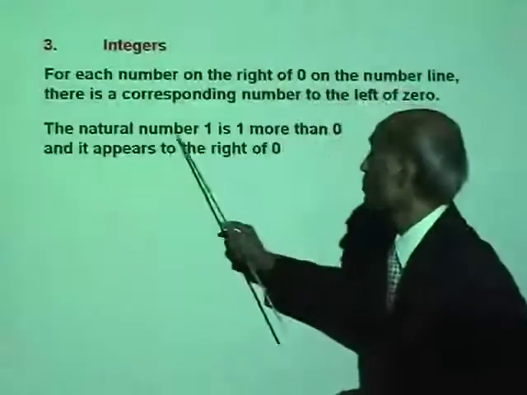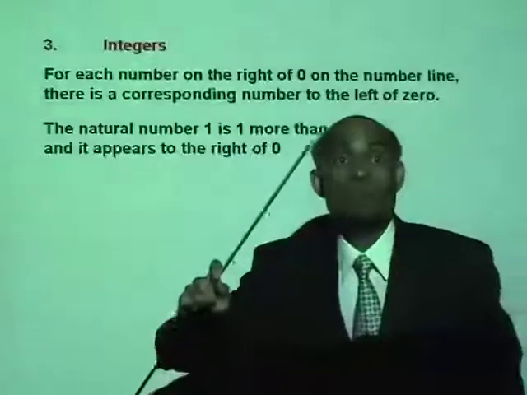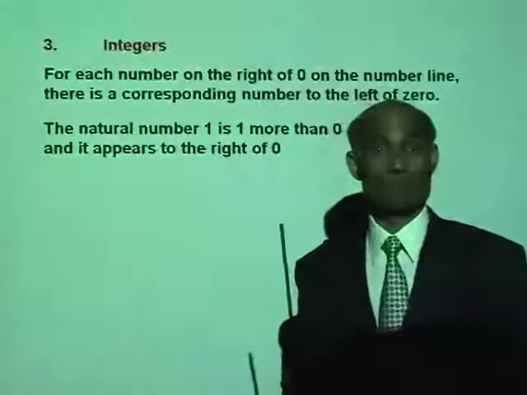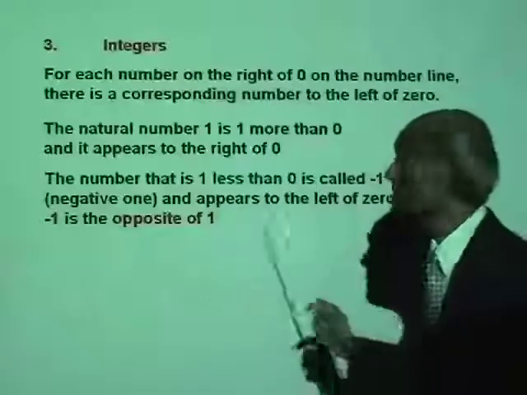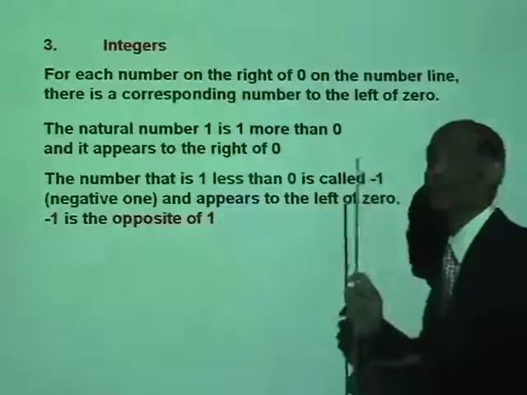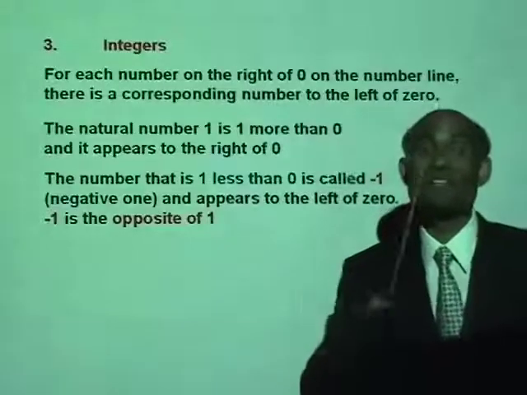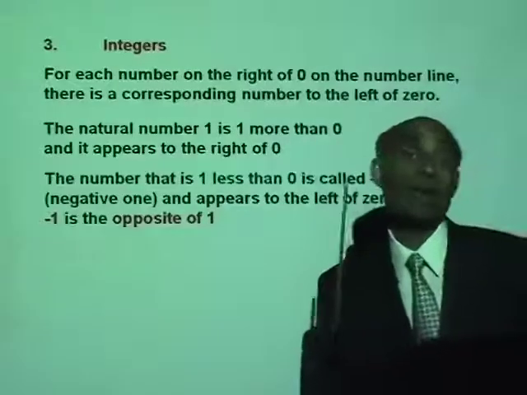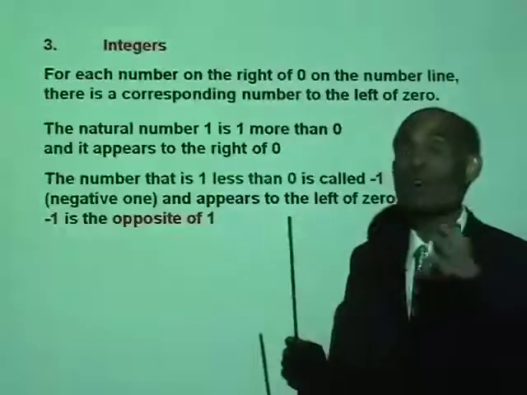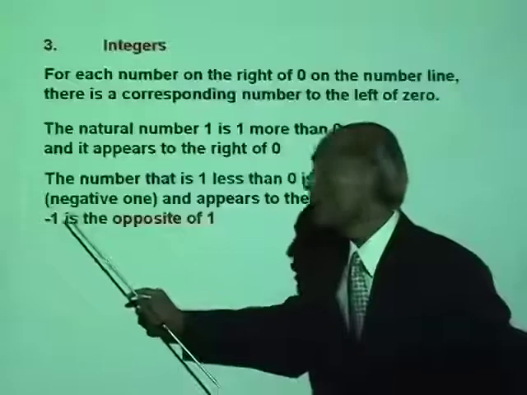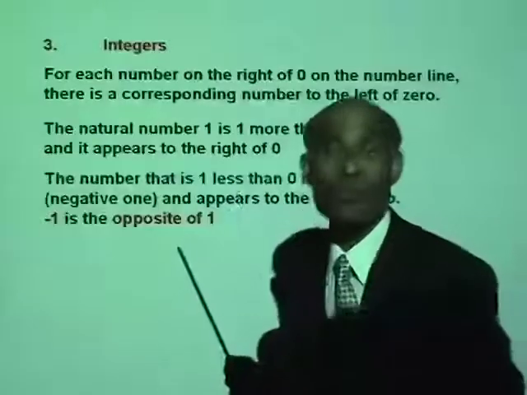The natural number 1 is 1 more than 0, and it appears to the right of 0. Now the number that is 1 less than 0 is called -1. So -1 is the number that is 1 less than 0, and where will that appear on the number line? It will appear on the left of 0, and we call -1 the opposite of +1.